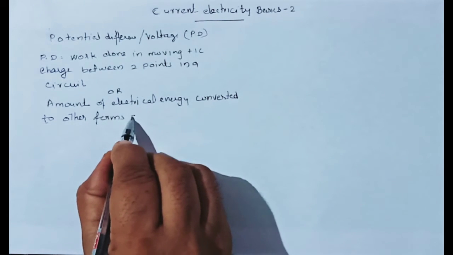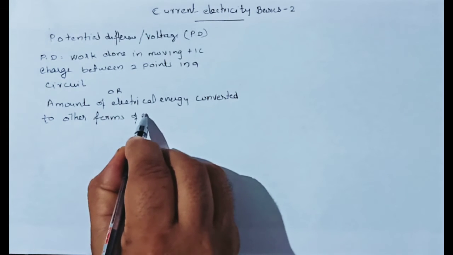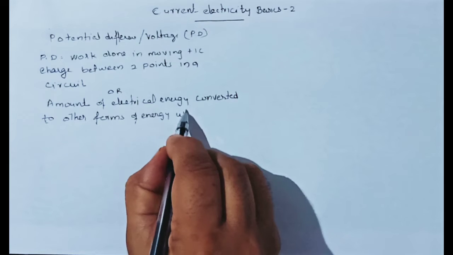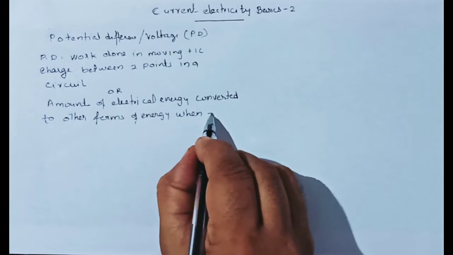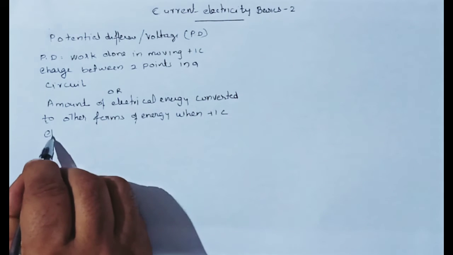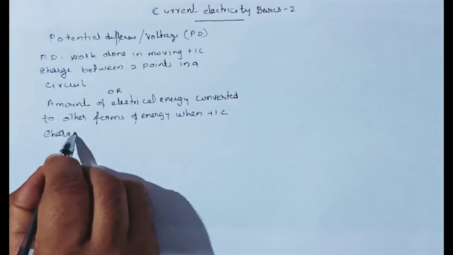So it's about how much electrical energy is being converted into other forms of energy when 1 coulomb charge passes between 2 points. You will call it the potential difference between those 2 points.